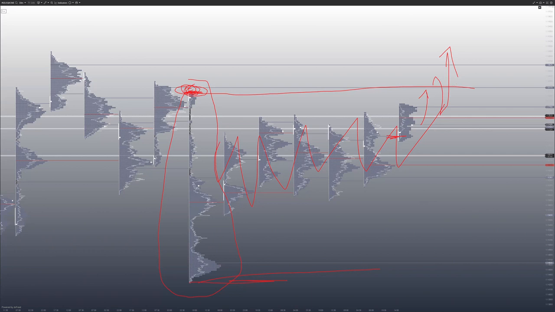I don't know, but at the moment it shows me it's possible because we opened outside the previous range. I don't know when it will happen, but it's possible for me.